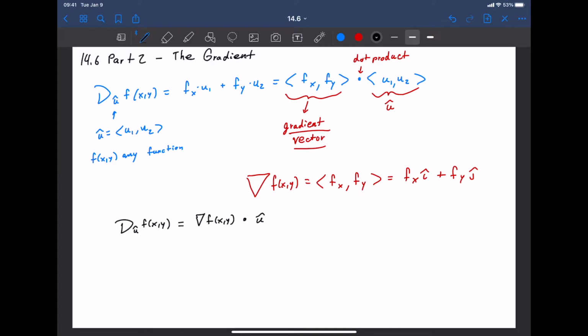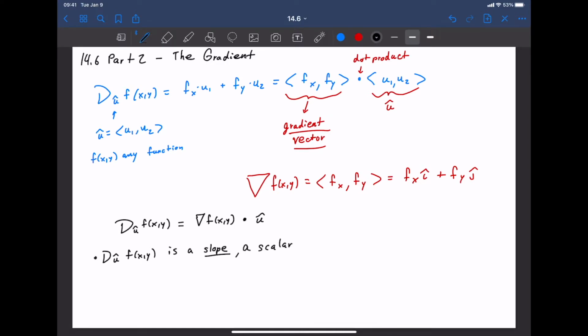Okay, and I want to be really clear here. This is connecting 2 key ideas. I've been emphasizing for a few days now, this is a scalar. One of the reasons it's a scalar is because it's equal to a dot product. The other reason it's a scalar, just to be fully clear about this, is because it's supposed to be a notion of change. This is a scalar, a slope, right?